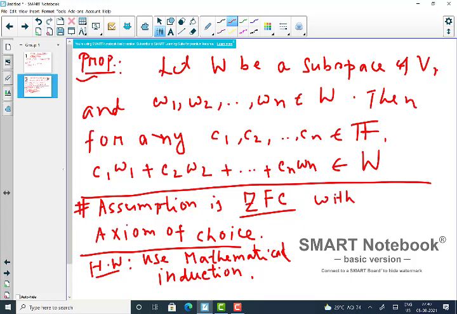This is the definition of subspace, right? It's a constant times w. For 2 it is also obvious. Now if we assume it for n, then we need to prove it for n plus 1.